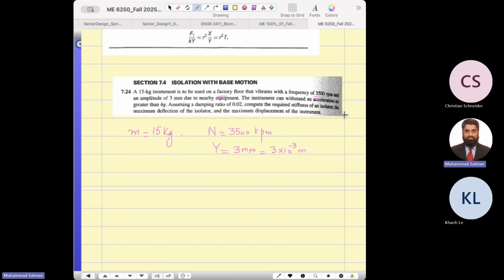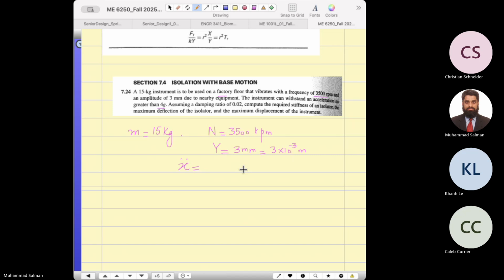The instrument can withstand an acceleration no greater than 4g. So the acceleration is 4g.